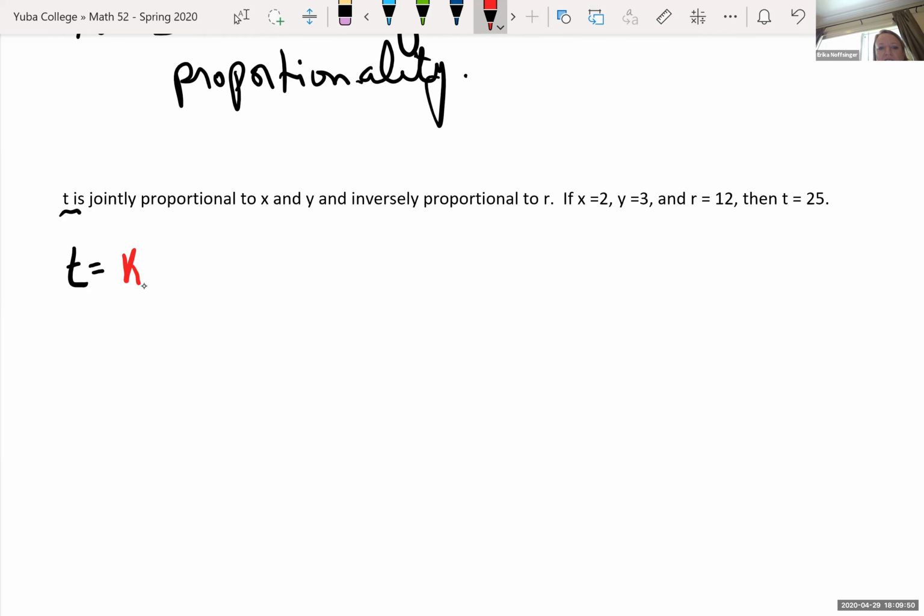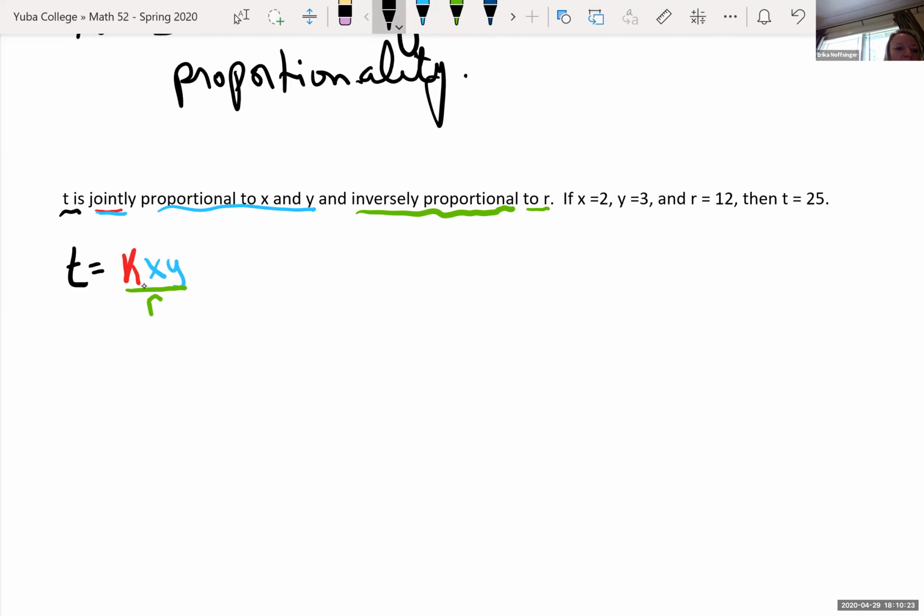It's proportional to x and y jointly, so that means multiplication, so x times y. Then it says inversely proportional to r, so that means division by r. Okay, so here's our general form of this equation that represents that information. So this is our equation.